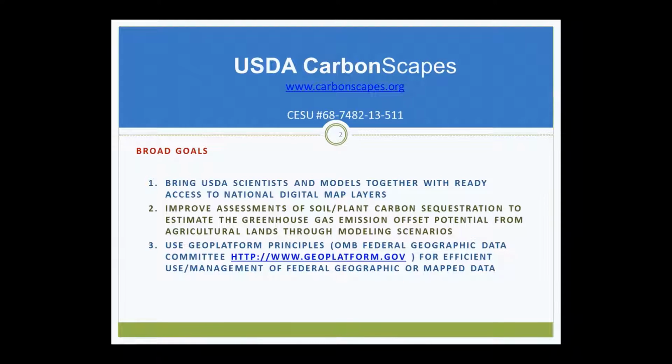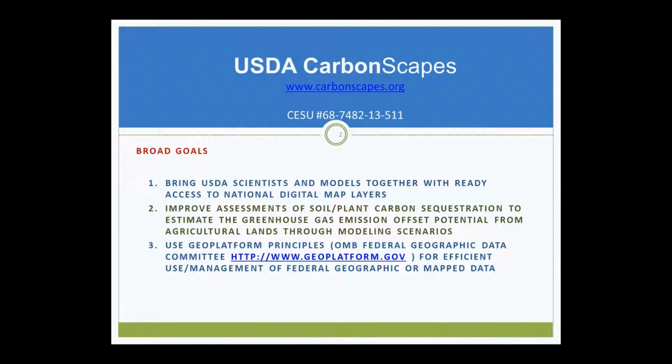It's an effort that we hope will set the stage for how USDA Enterprise Data Center can collect together all of the essential natural resource information that is needed to make reasonable carbon estimates for the terrestrial carbon ecosystems. So our broad goals are to bring USDA scientists and models along with their data together and give them ready access to our national digital map layers to be able to make full use of these.